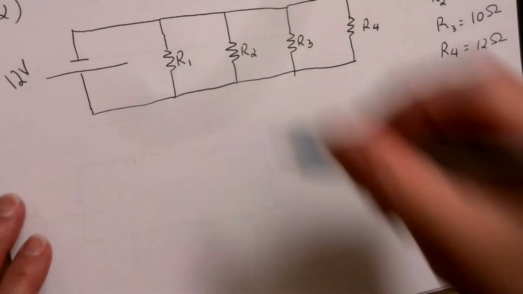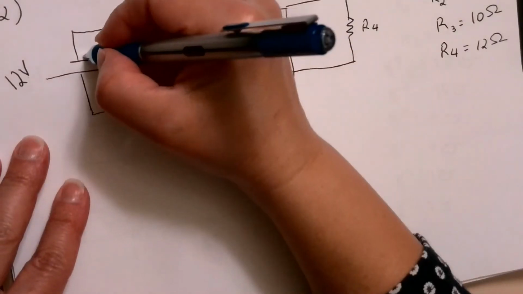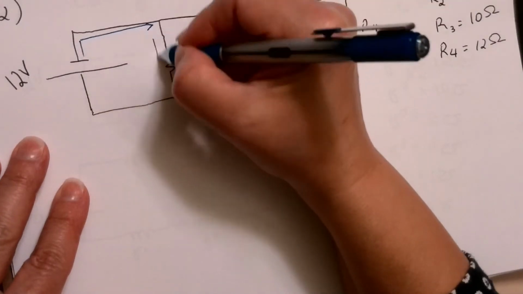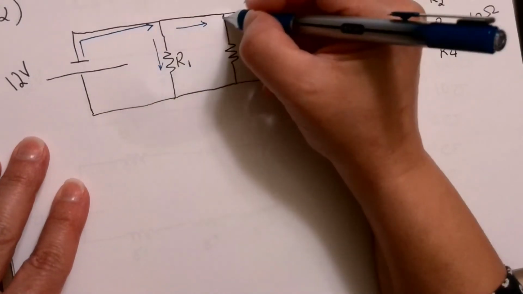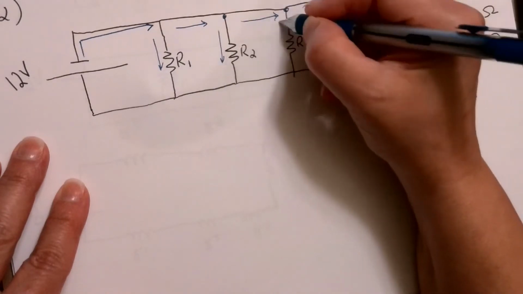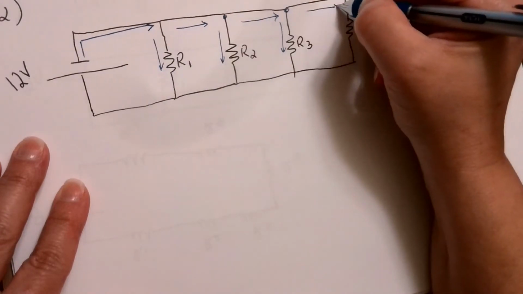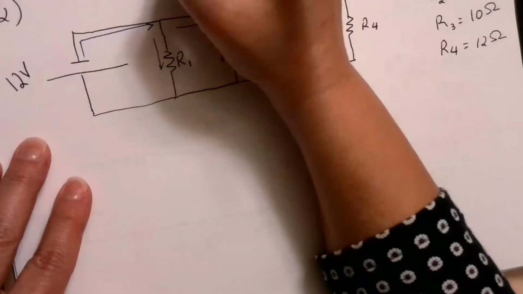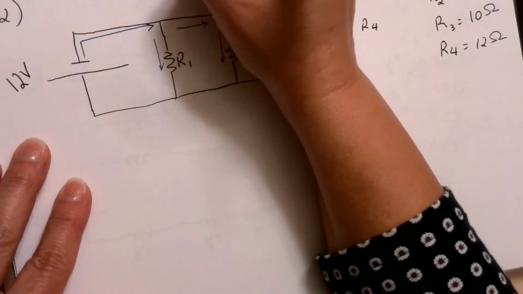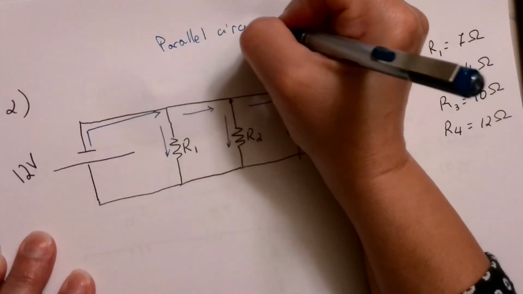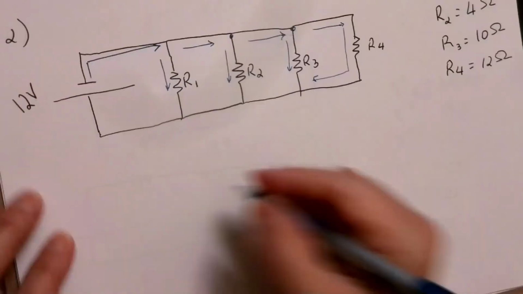Number 2. This is still a parallel circuit. The current's coming out from here, going here, and then branches, some here, then some here, and keeps on going all around. So this is parallel. Then let's build a table.